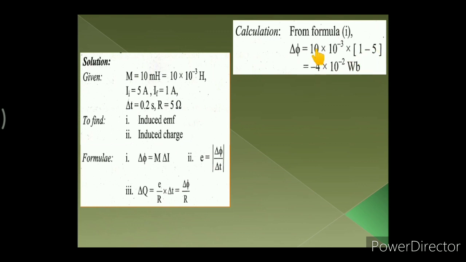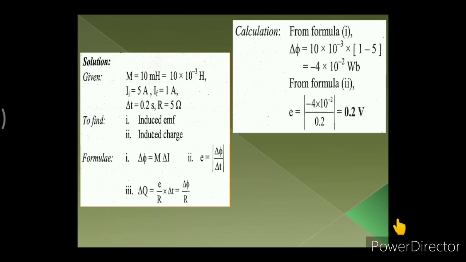And 10 into 10 raised to minus 3 gives 10 raised to minus 2. So the change in flux when the current changes from 5 ampere to 1 ampere in 0.2 second is minus 4 into 10 raised to minus 2 Weber.